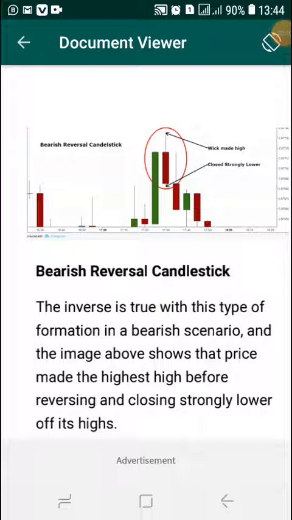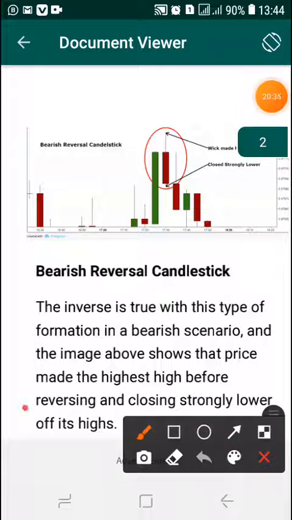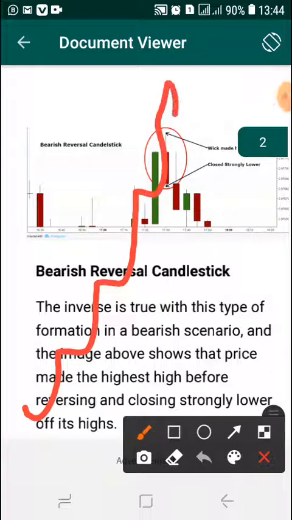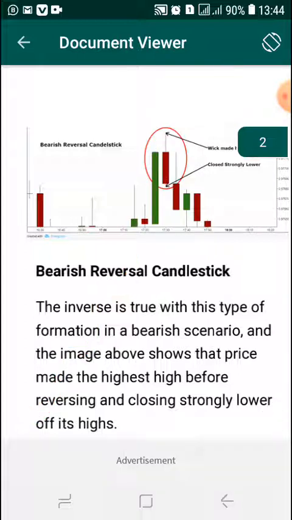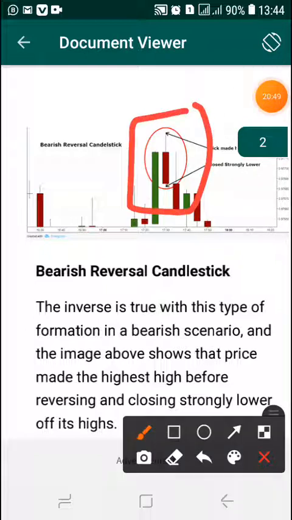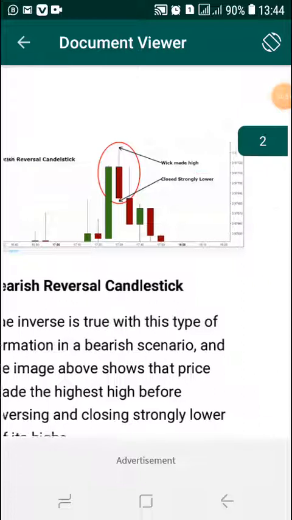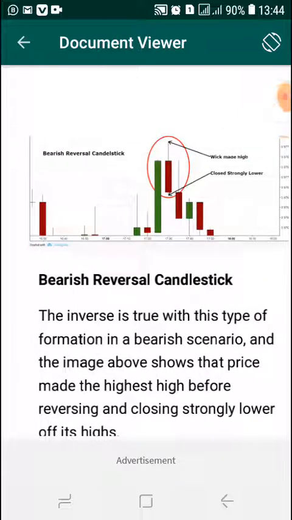But the bearish market comes like this. When the market is going up, you can see the market is going up, it starts to retest, goes up, and then boom, you notice that this pattern appears, which is a bearish reversal candlestick.